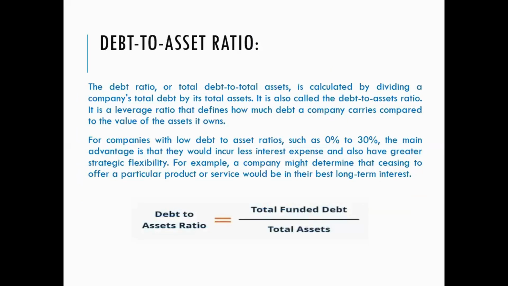First, debt to asset ratio. The debt ratio, or total debt to total assets, is calculated by dividing a company's total debt by its total assets. It is also called debt to asset ratio. It is a leverage ratio that defines how much debt a company carries compared to the value of the assets it owns.